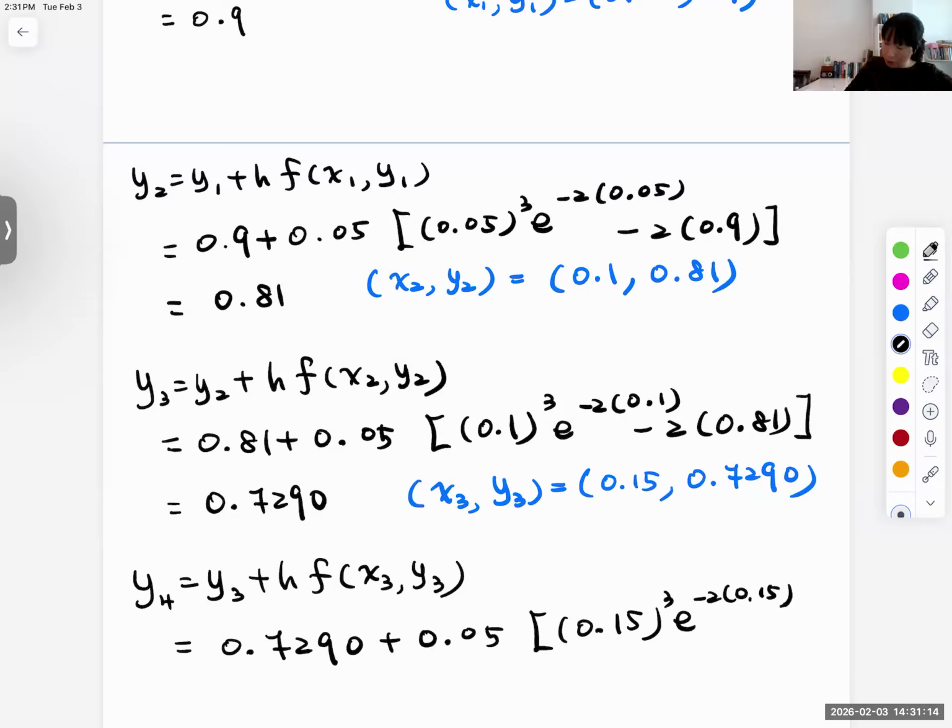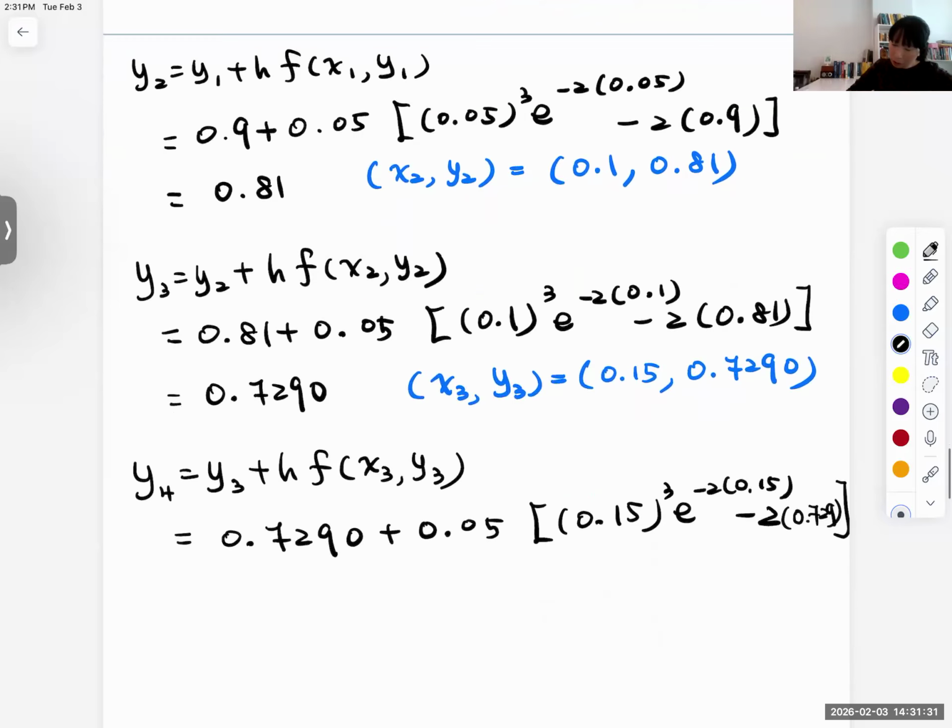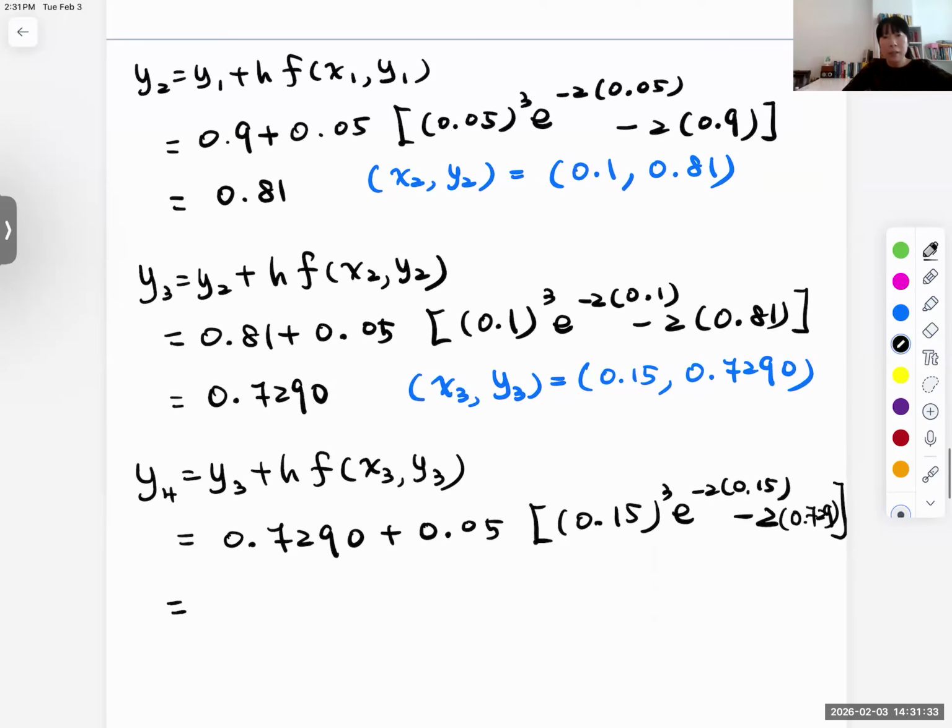Yeah, sorry, a little bit smaller. Okay. Now, the last one, can you please calculate 0.6562?